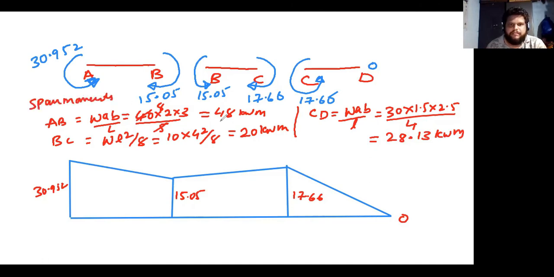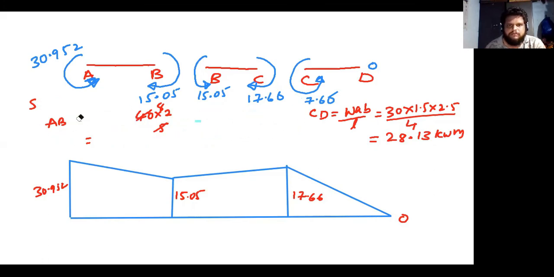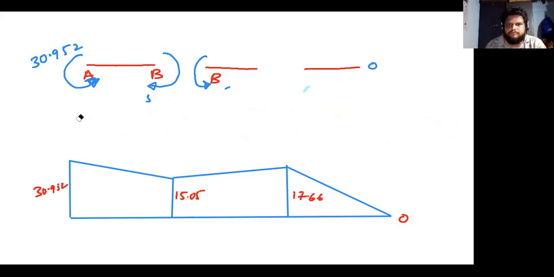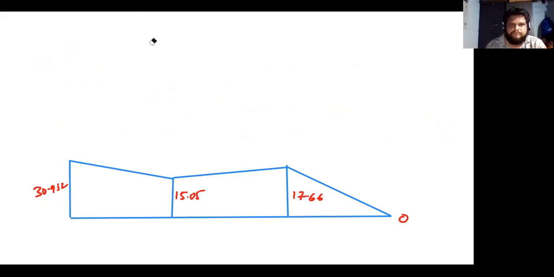Okay. So for these values, now I have to plot the corresponding bending moment diagram. Let me erase all these things. Span moment values. Right. So first span is what? It is an eccentric loading.